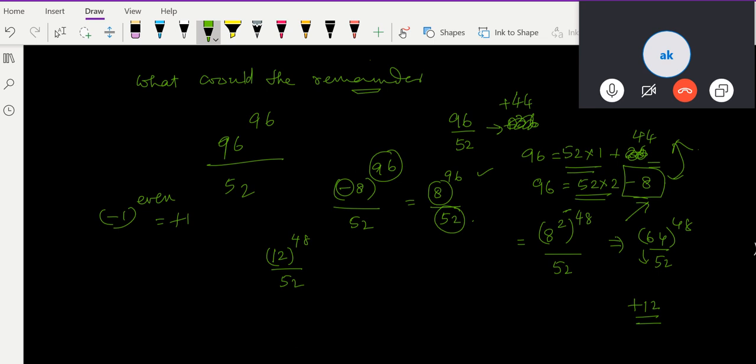Again the same logic. I want to raise 12 to a power which is a multiple of 52. That will give me a remainder. So I raise 12 to the power 2. So 144 to the power 24 by 52, right?